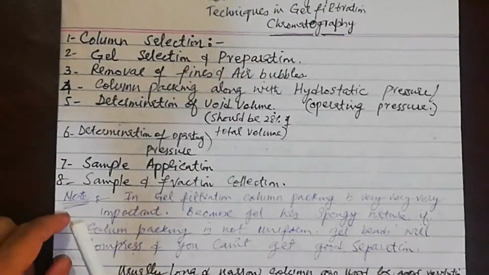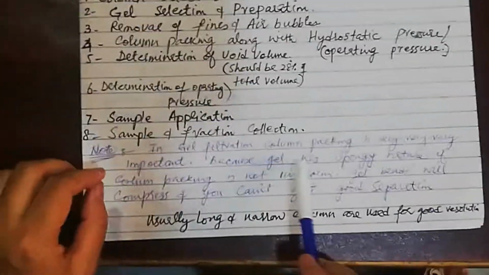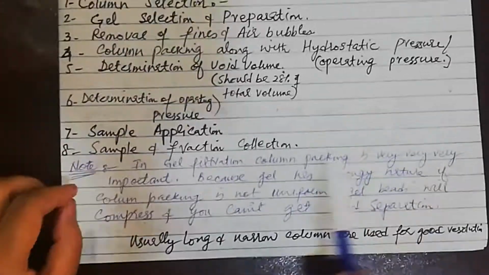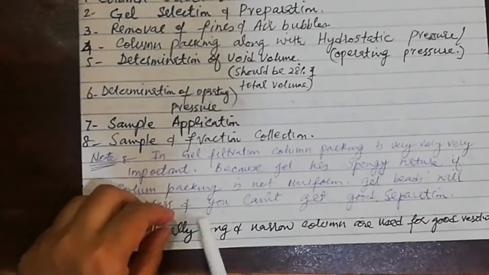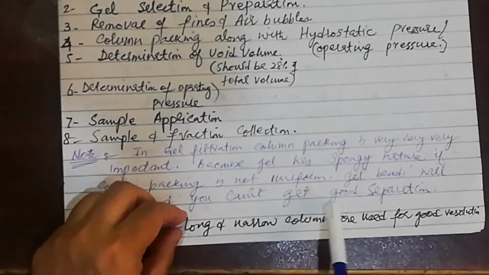Note that in gel filtration, column packing is very important because the gel has a spongy nature. If column packing is not uniform, gel beads will be compressed and you cannot get good resolution or separation.